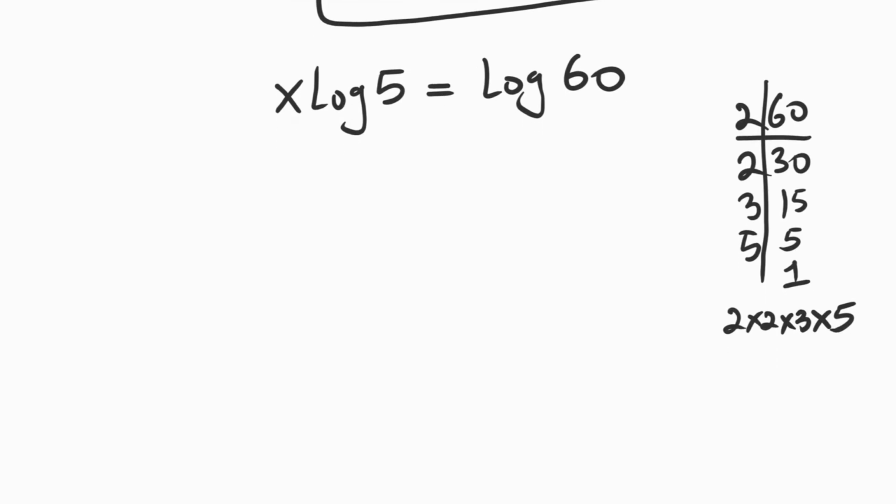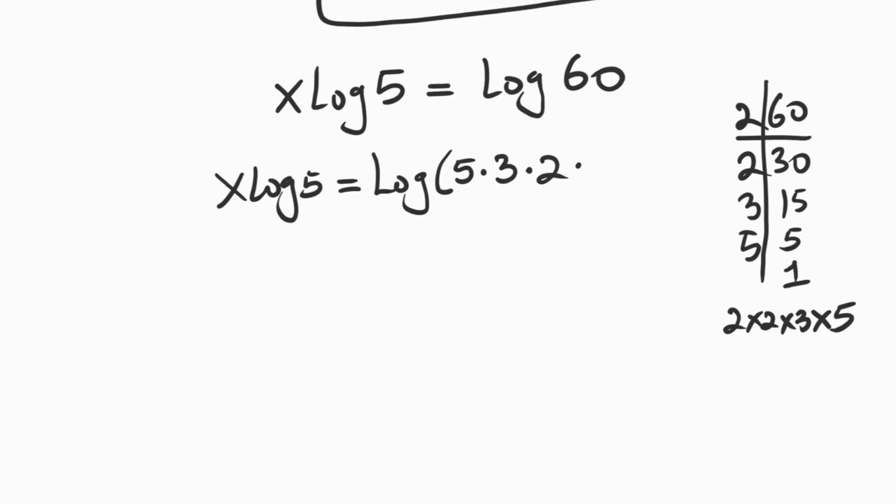Okay. So now this becomes x log 5 equals log of 5 times 3 times 2 times 2.